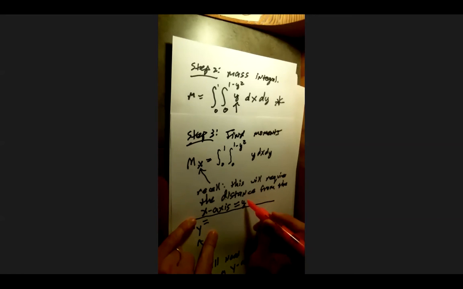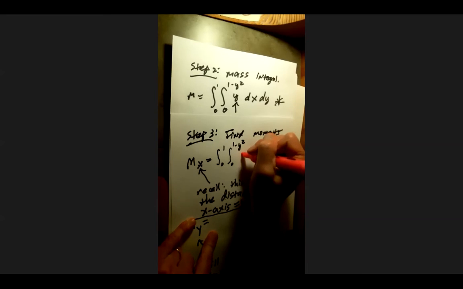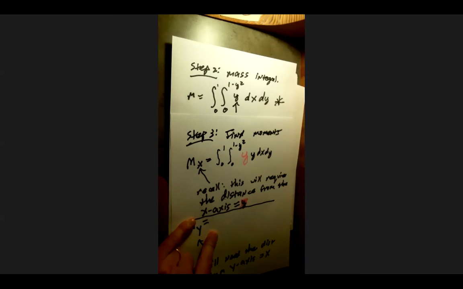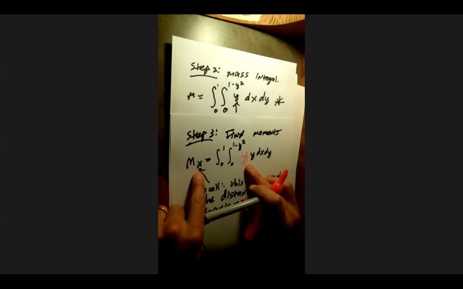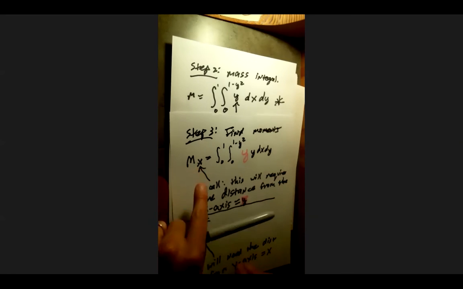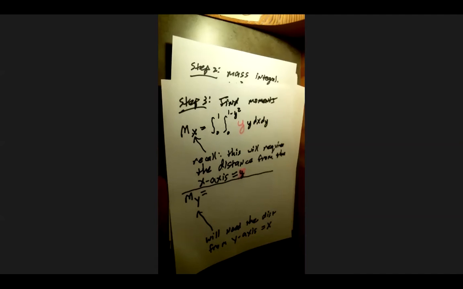Then we notice that what we need is the distance from the x-axis, or what we need is y. And so we can put a y into this integrand representing the distance from the x-axis. So there's two y's. Yes, it'll be a y squared, exactly.